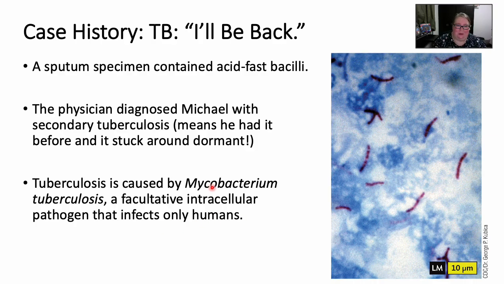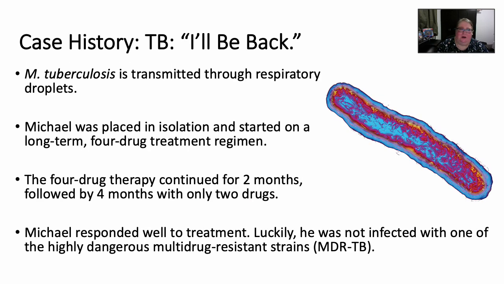Okay, so as we know and we talked about a lot, tuberculosis is caused by Mycobacterium tuberculosis, and it's going to infect the cells. Tuberculosis is transmitted through respiratory droplets.